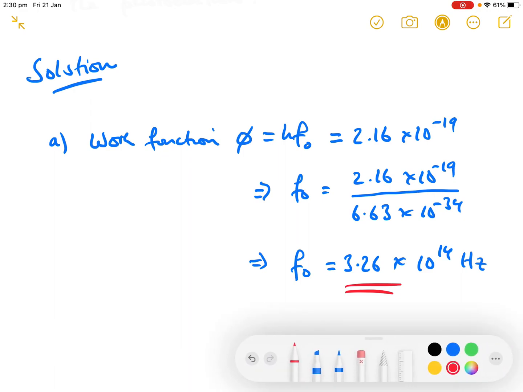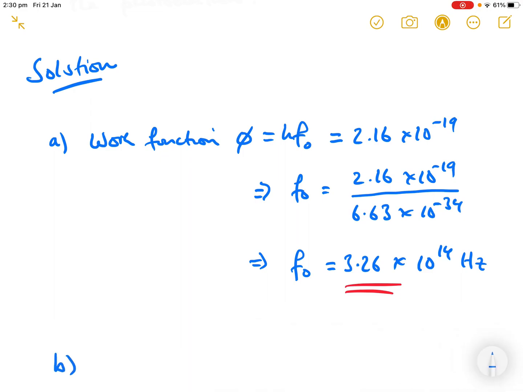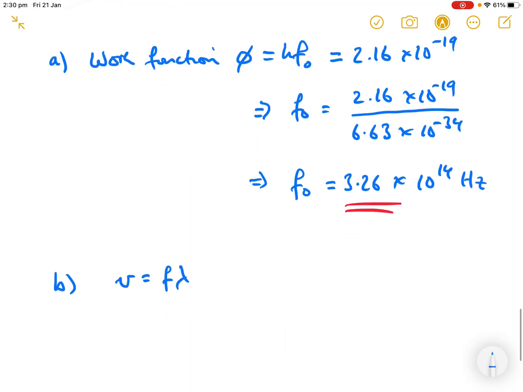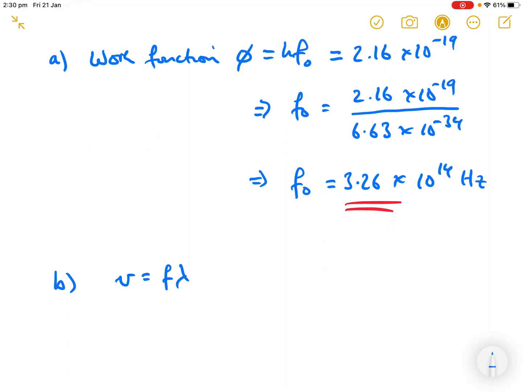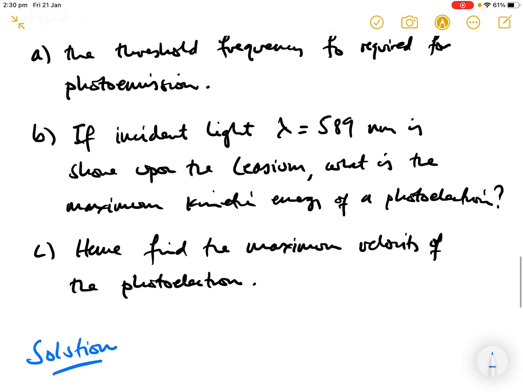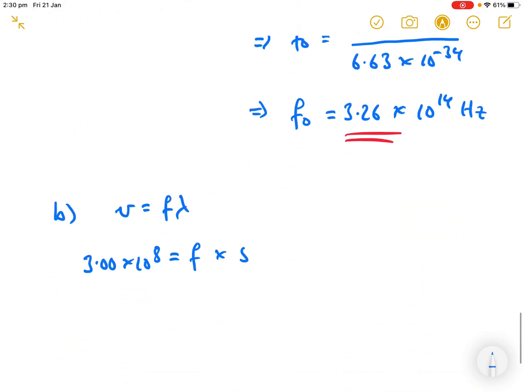Okay, part B. Right, well, we firstly need to get the frequency. We've got the wavelength of the photon, but we need the frequency. So v = fλ, commonly used: 3.00 times 10 to the 8 is equal to the frequency times the wavelength. Now the wavelength, what was it again? 589 nanometers.